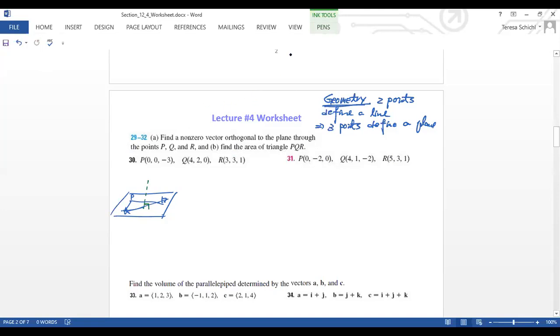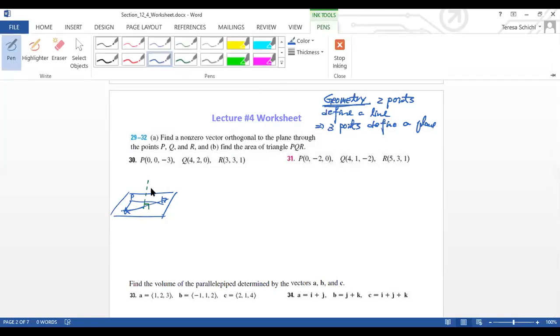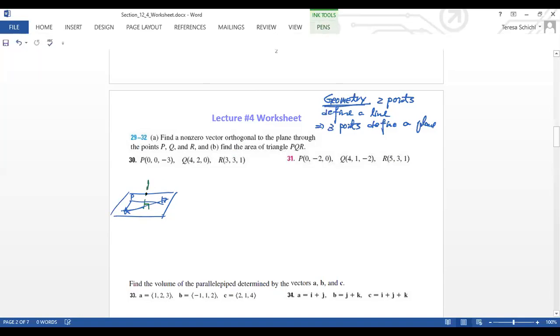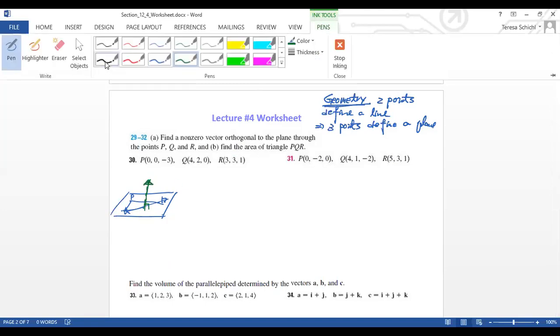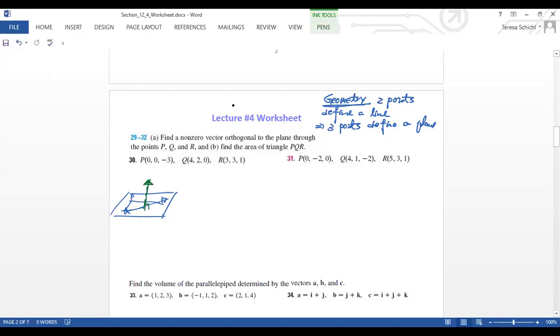So the first thing here, we're going to find this vector, the orthogonal vector perpendicular to the plane. So how do I do that? I know the cross product produces orthogonal vectors, right? So first, let's define two vectors on the plane.